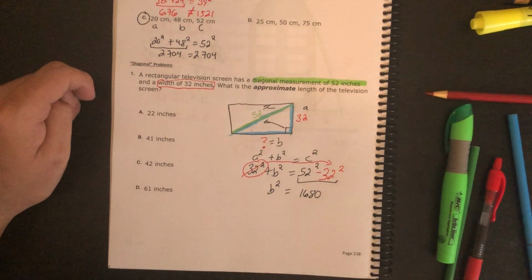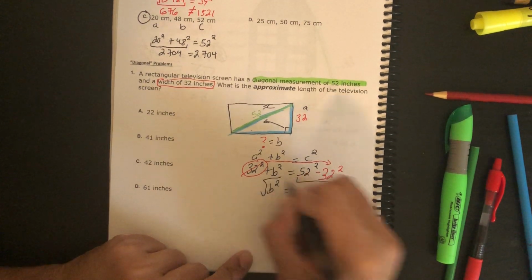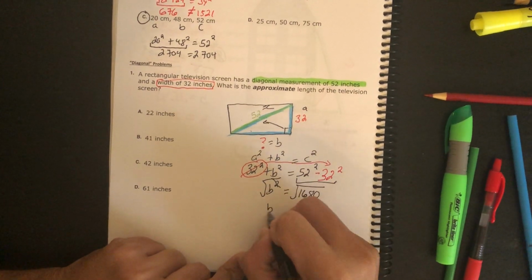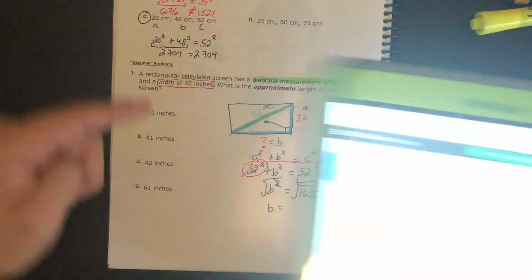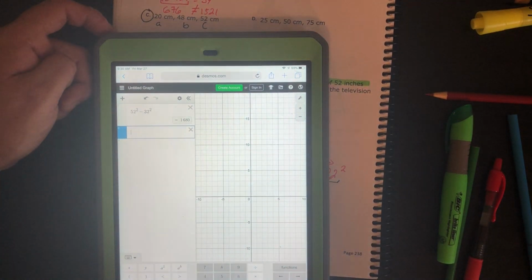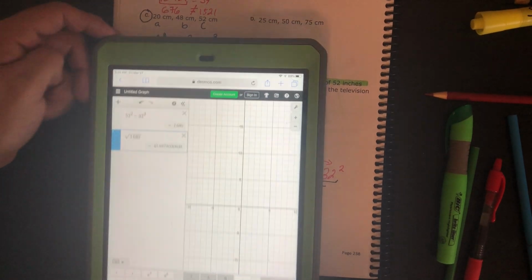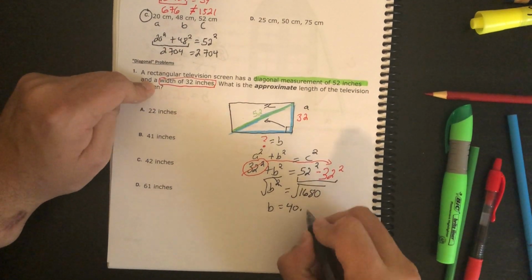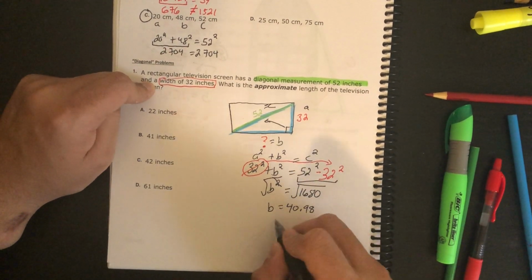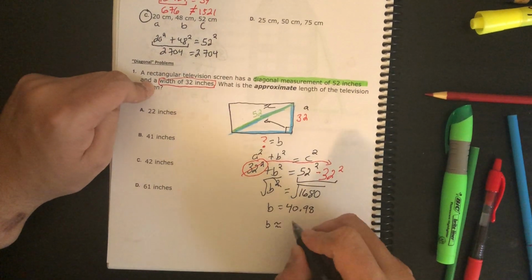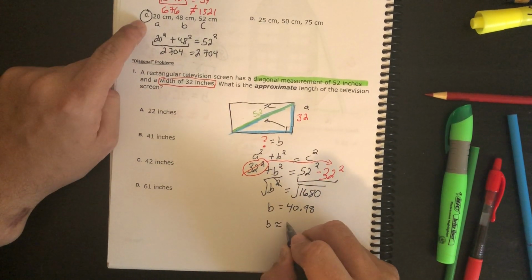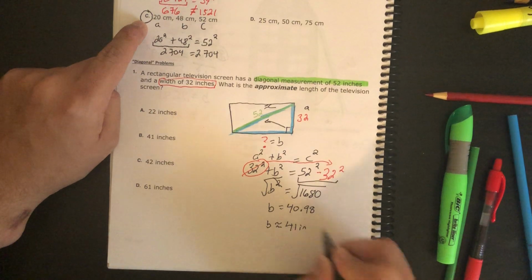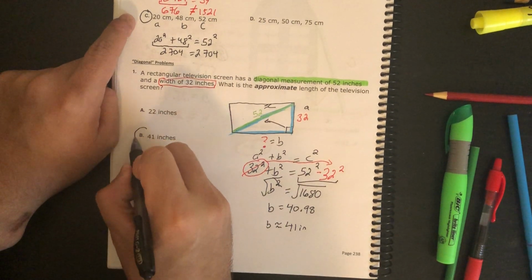Now the opposite of a square is square root. So the square root of 1680 will give me 40.98. And that is roughly, or approximately, about 41 inches. So my answer will be B.